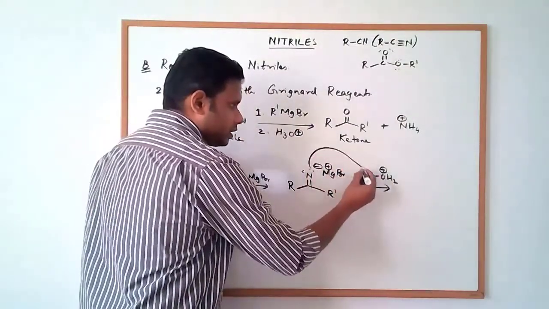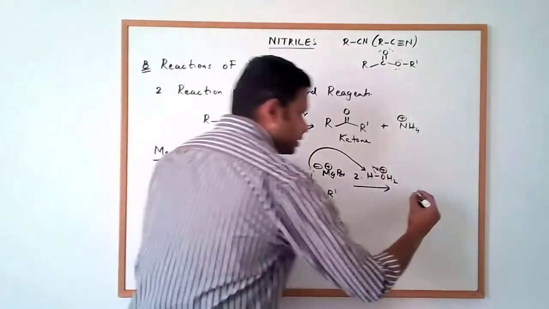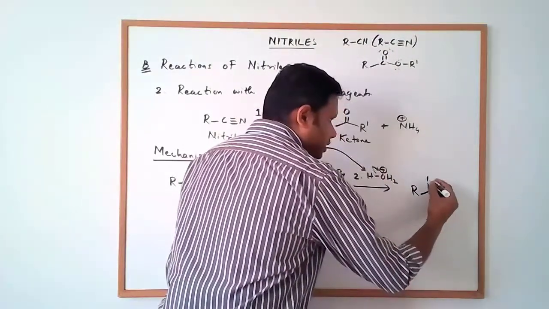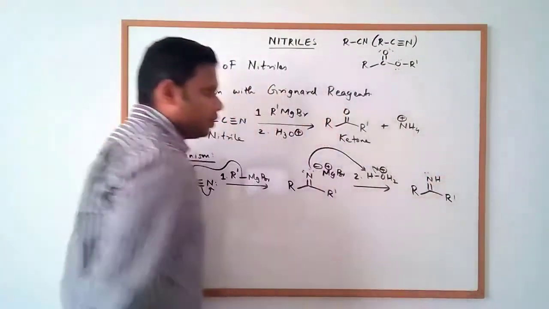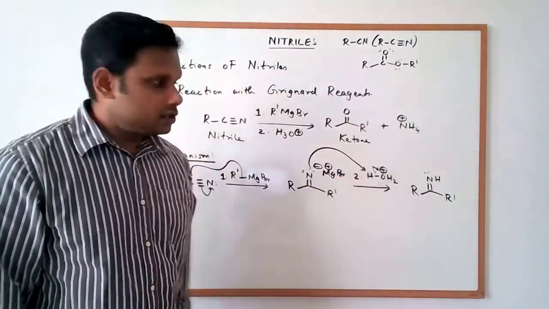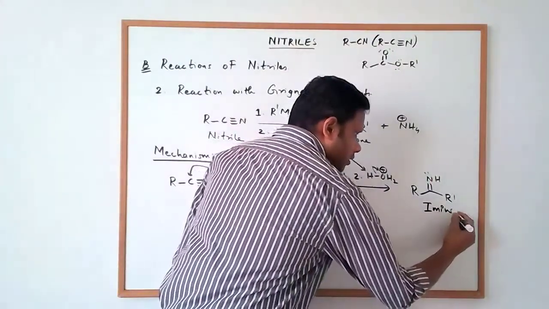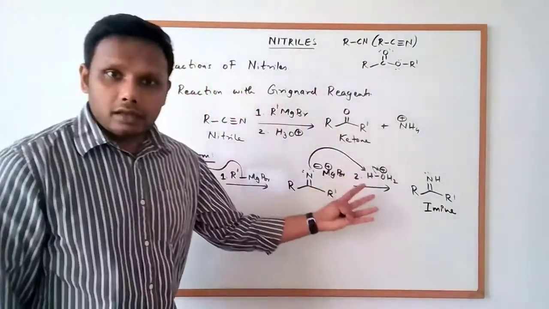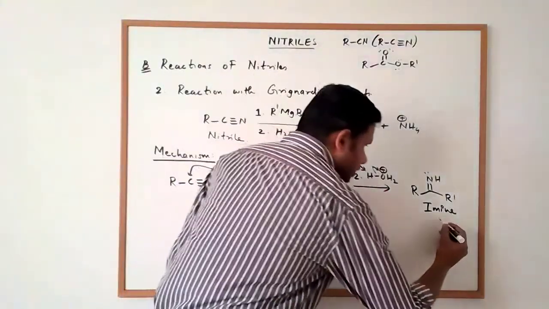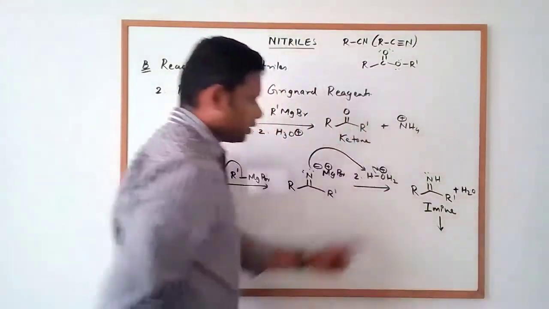So what happens here is the nitrogen gets protonated under these conditions, and it would bring us to this species here where we have a nitrogen with a double bond to the carbon. Now, if you look at this intermediate, this is an imine. And we are under acidic conditions, and we are going to make water along with it.